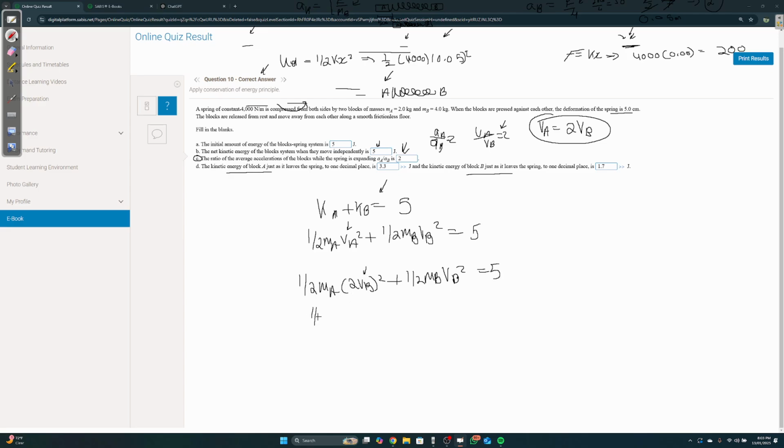Square this: half MA 4VB squared plus half MB VB squared is equal to 5. Okay, let's start substituting. Half MA is half times 2, which cancels, so 4VB squared, plus half MB, so half times 4 VB squared, is equal to 5, so 2VB squared.